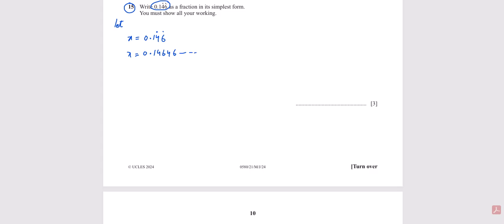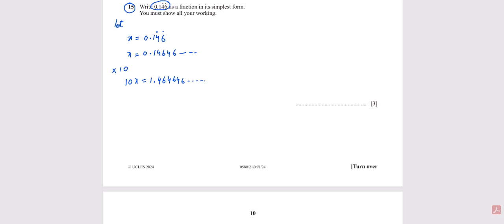So multiply with 10, that is equal to 10x multiply with 10. So this point shifts on this side after multiplying with 10. So 1.4646 up to so on.